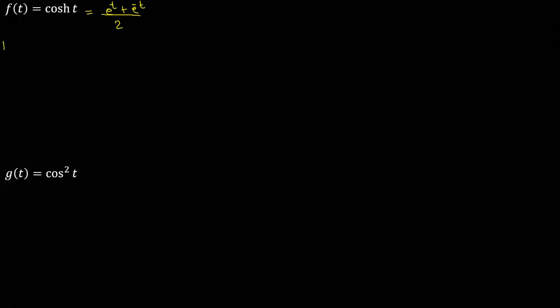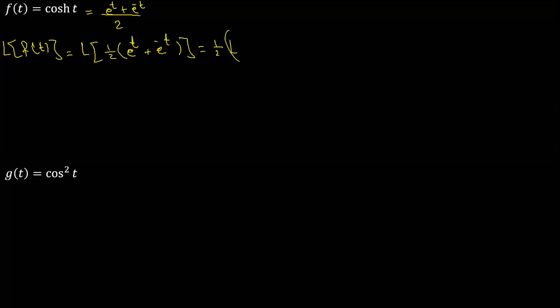Now, if he asked me to find the Laplace of f of t, the given function, I'm going to use the Laplace of this linear expression, half of e to the t plus e to the negative t. Laplace is a linear operator, so take the half outside and write the Laplace of the first function, which is e to the t, plus the Laplace of the second function, which is e to the negative t.